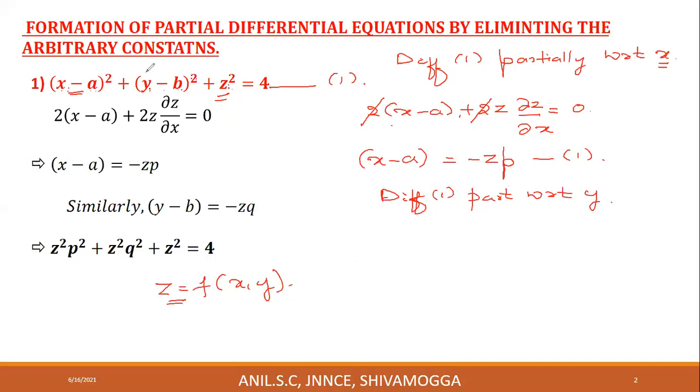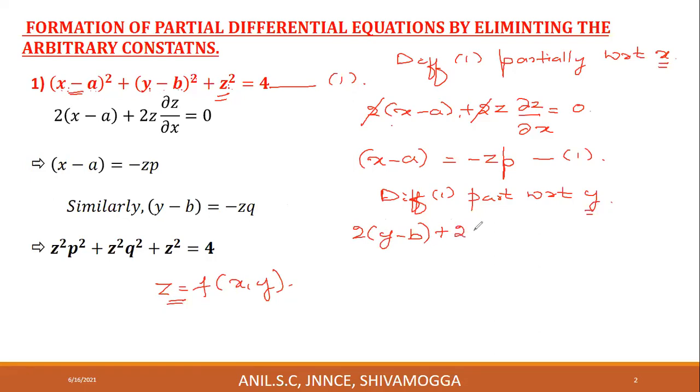Plus the derivative of (y − b)²? It is 2 into (y − b), and the derivative of (y − b) partially with respect to y is 1.